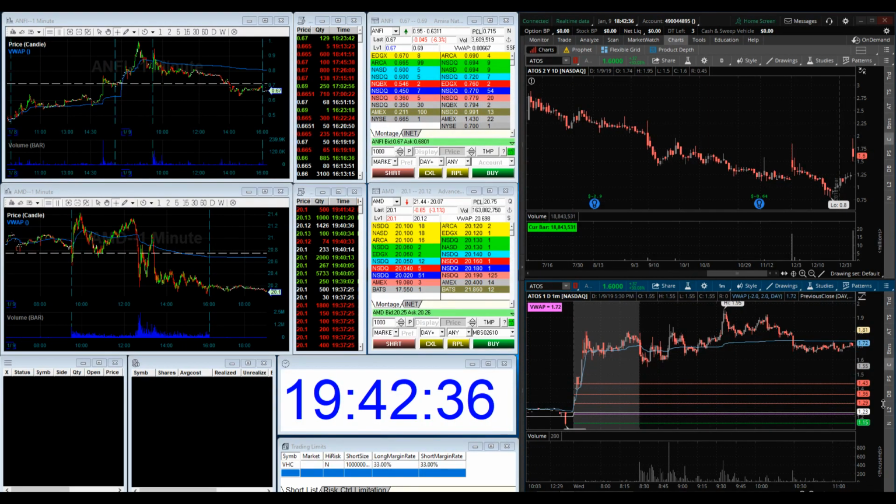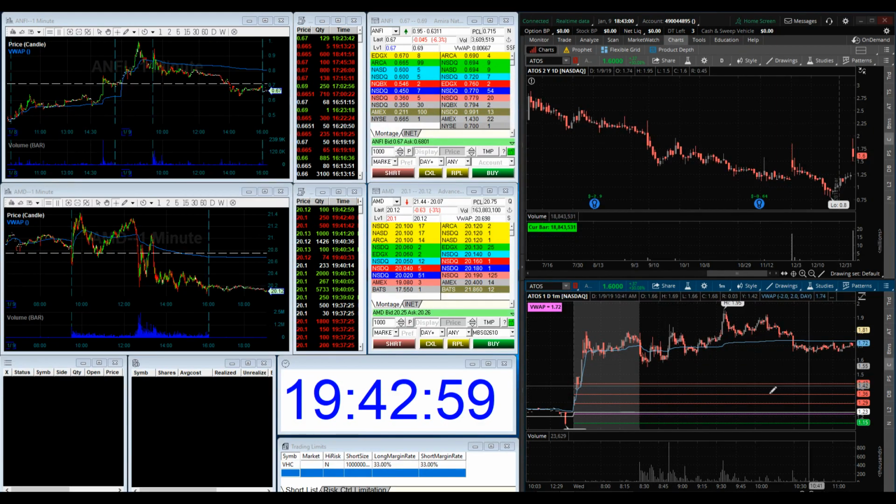Probably the first 2 hours are the most important part of the day. In my opinion, if a stock is holding above VWAP past 10:30 and it's already broken the high of day, then it could be a good candidate for a run later in the afternoon.